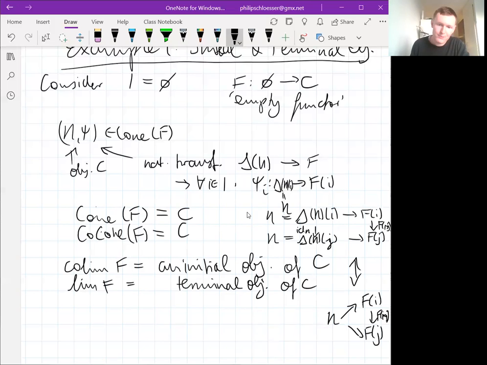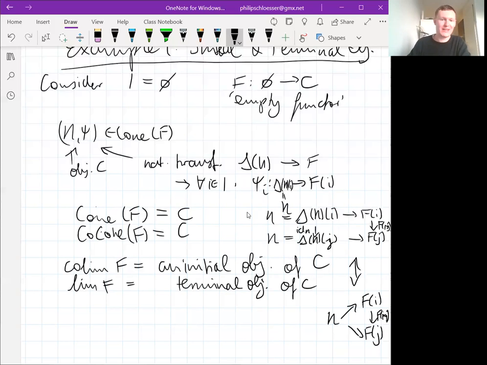But F of I and F of j also need to be the same, right? No. Because you're mapping from the empty set. Yeah, that is a general thing. Because we are looking at the empty set, for every object in the empty set, okay, we are done. This statement is true.